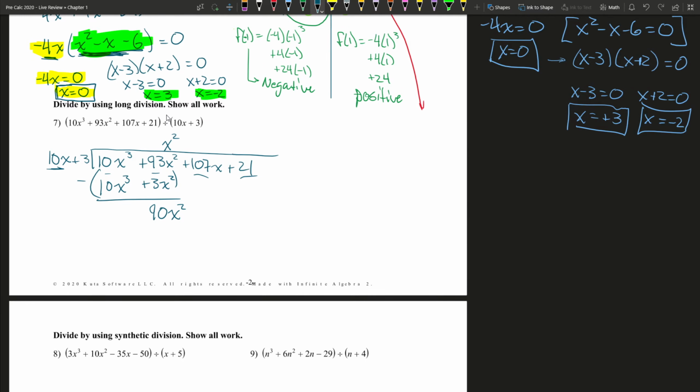And then we repeat that process. How many times is 10x going into 90x squared? The answer is 90x. Sorry, 9x. And then we multiply that out after we bring down that next value.